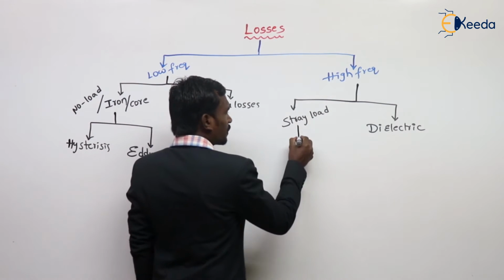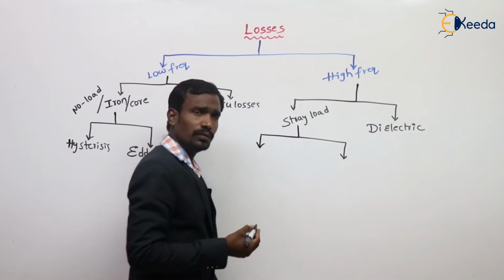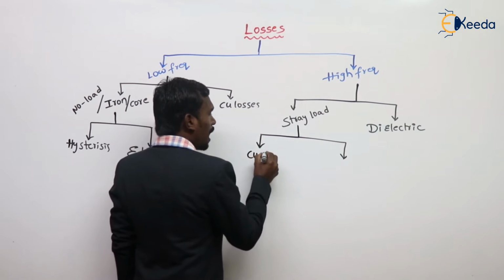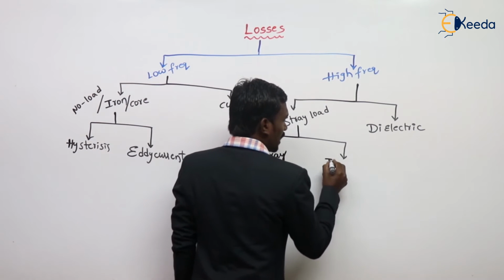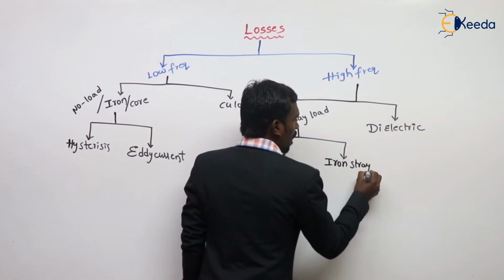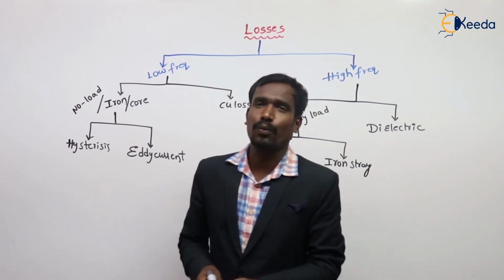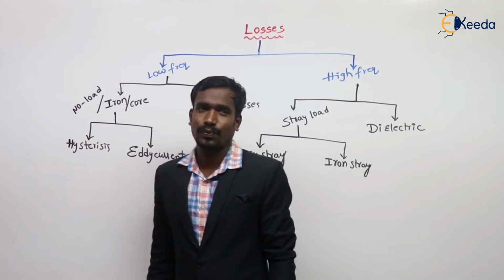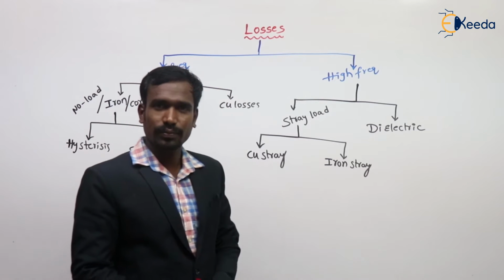And this stray load losses are also of two types: one is the copper stray load losses and the other one is the iron stray load losses. This much of losses are there in our transformer.